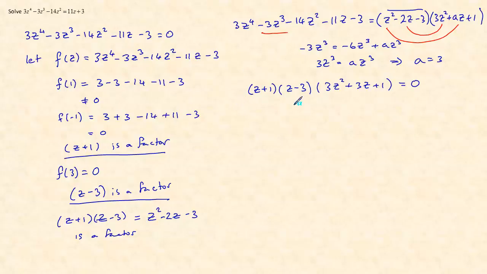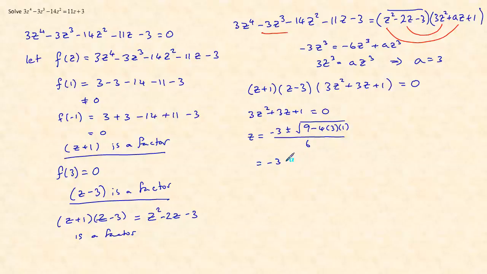So two of our solutions are obvious, and we get the other one from 3z squared plus 3z plus 1 is equal to 0. So z is going to be negative 3 plus or minus the square root of 9 take away 4 times 3 times 1 all over 6.